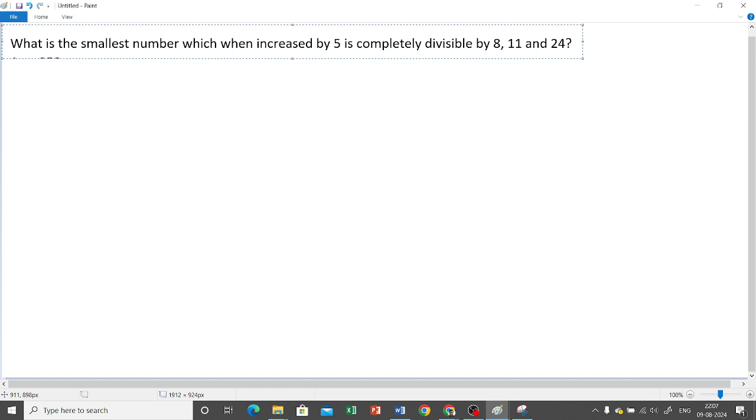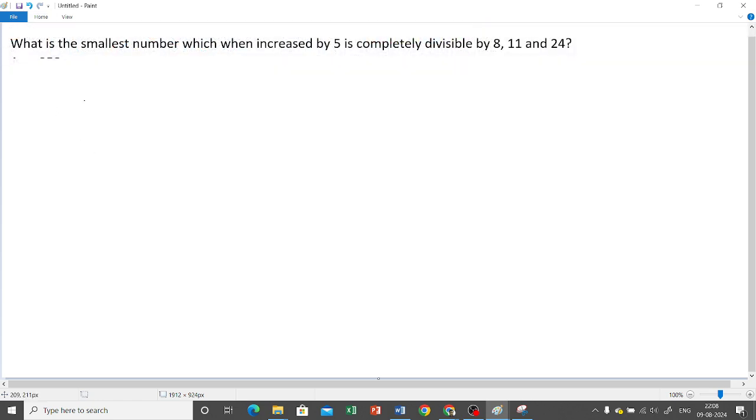Other papers like SNAP and SNET are also slowly becoming difficult. They have now reached a position which CAT used to follow 10 years back. That is why these have become conceptual questions.